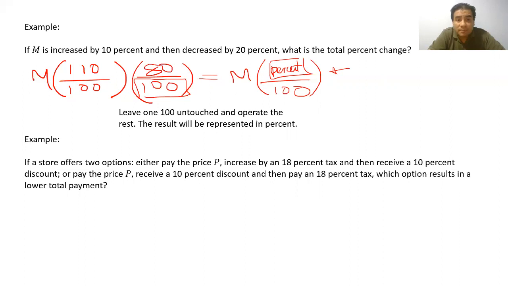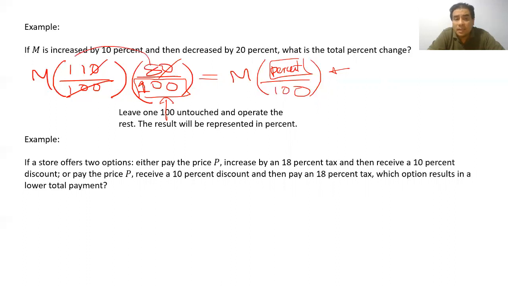So I just simplify one of the denominators, not the two of them. Here the 0s go away. And that's it. I don't simplify any further the second 100 here. I just leave it untouched.